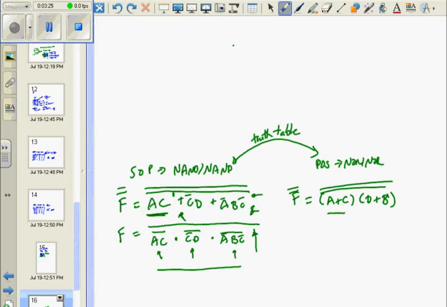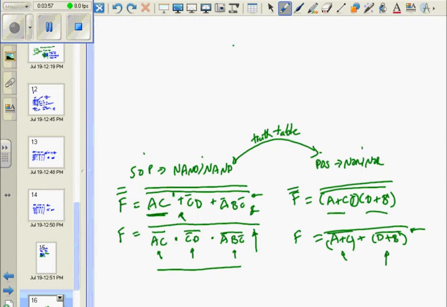We want to keep this OR looking thing, but we want to change this AND to an OR. So this becomes F equals A NOR C, D NOR B not, with a big bar over, so they're all NORed. So look at that. Now we have a NOR, NOR form. All right, so it's very easy to go from SOP to NAND, NAND, or from POS to NOR, NOR.